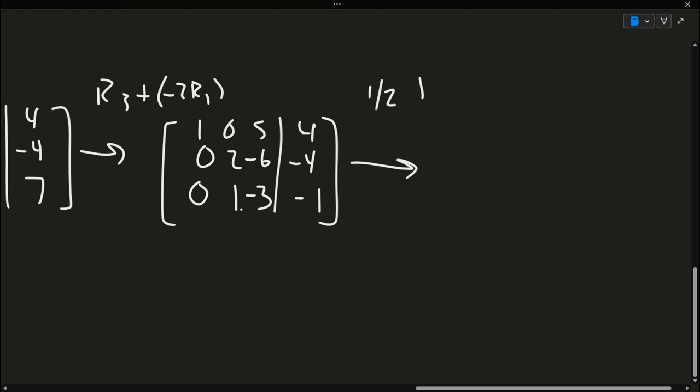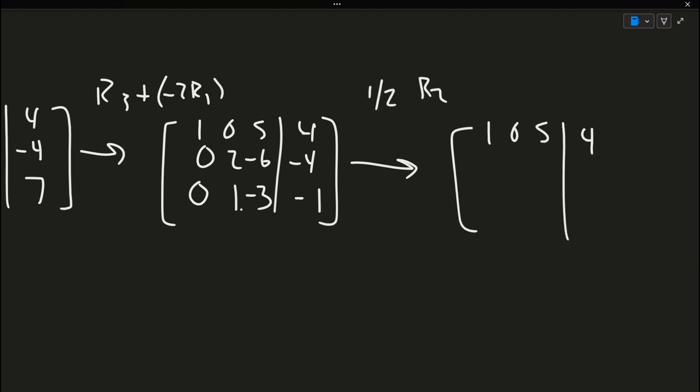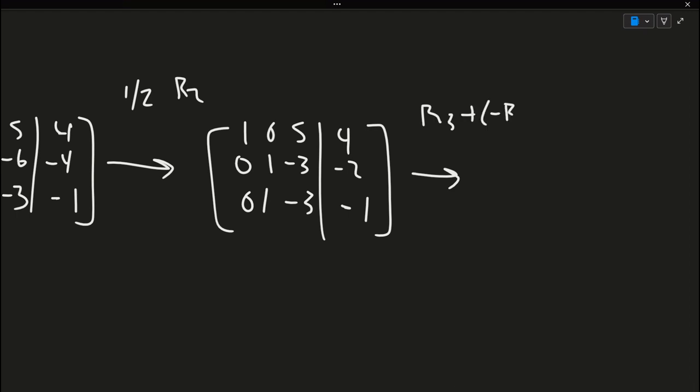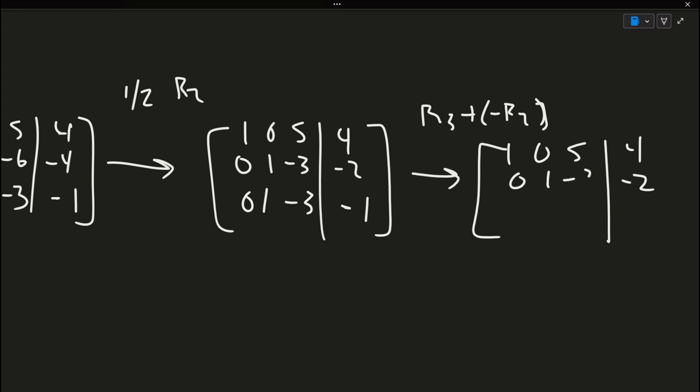Now that we have the first pivot set up, we need to get rid of the 1 under the second pivot column. As you can see, we can multiply row 2 by a half again to simplify things. After that, we add negative row 2 to row 3, and this gives us this new matrix.